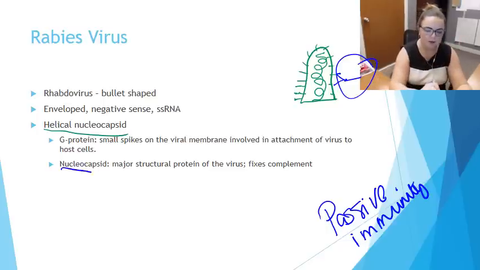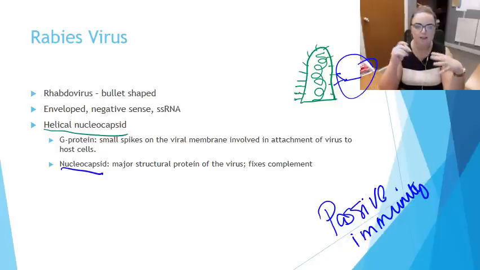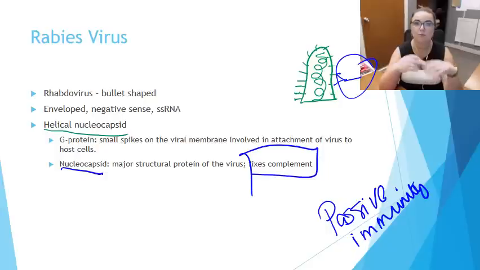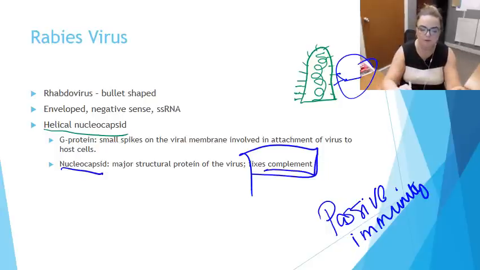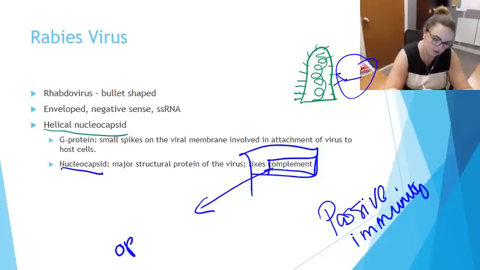The other component is nucleocapsid. Nucleocapsid is the major structural protein of the virus. It's not really protective, but when antibodies against G protein are formed, they fix complement, and that actually can help promote the immune response, right? Because what are the main roles of complement? Well, the first one, hopefully you all shouted out in unison, is opsonization, right?